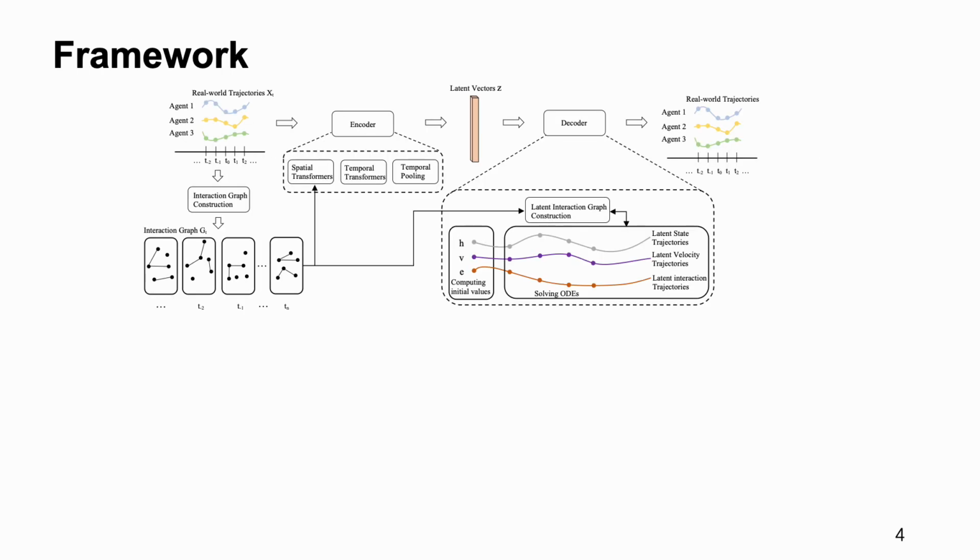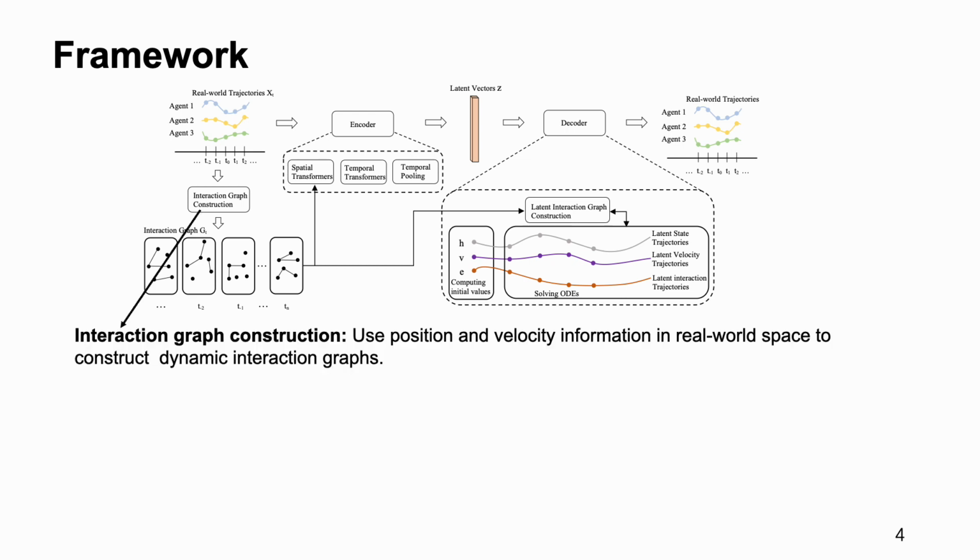Our method is an encoder-decoder architecture. It consists of three components. Firstly, we use position and velocity information in real-world space to construct dynamic interaction graphs. The interaction graphs are used in the encoder and decoder to extract agent interaction features.